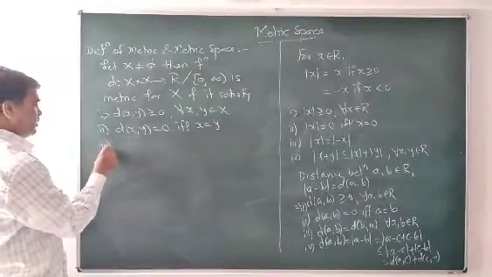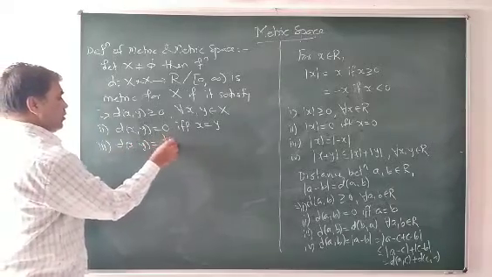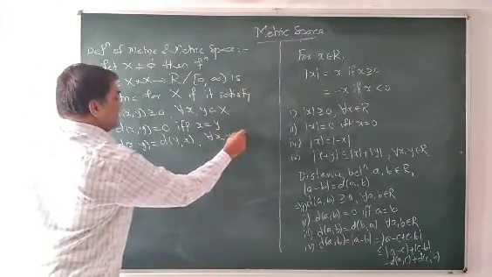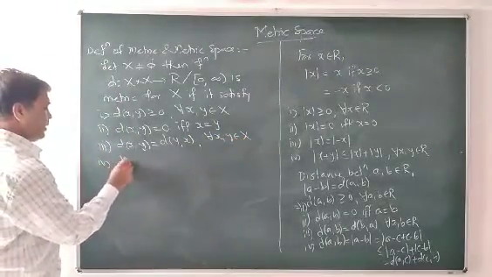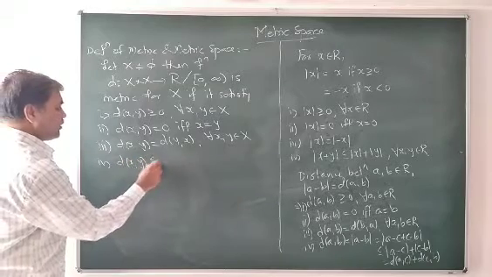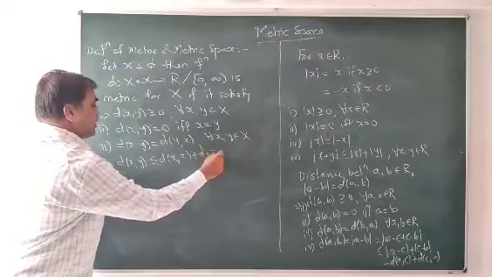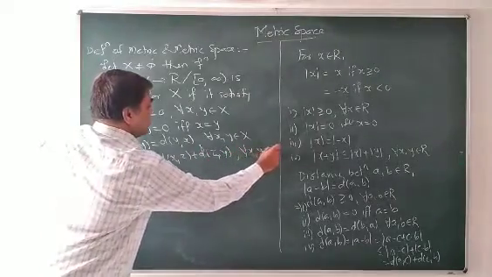Third, d of xy is equal to d of yx for any two elements in X. Fourth, d of xy less equal d of xz plus d of zy for any three elements x, y, z belonging to X.